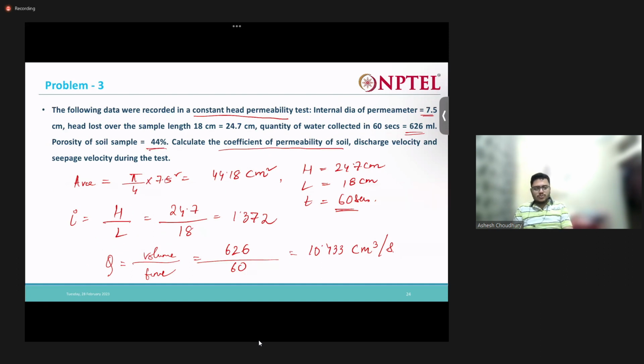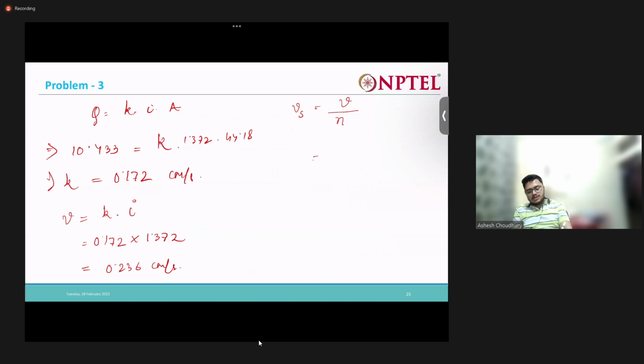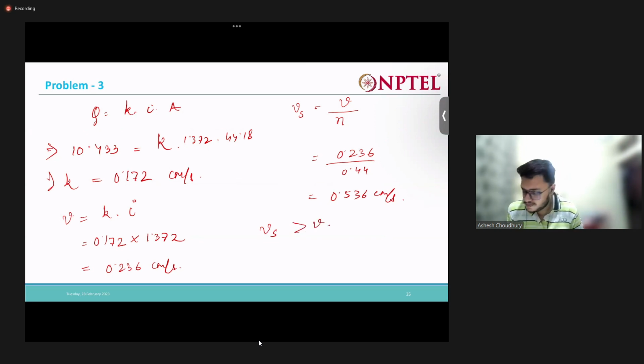It's already given in the question. So we can calculate the seepage velocity as 0.236 divided by 0.44, which is nothing but 0.536 cm per second. So we can see again that my seepage velocity is always greater than the discharge velocity.